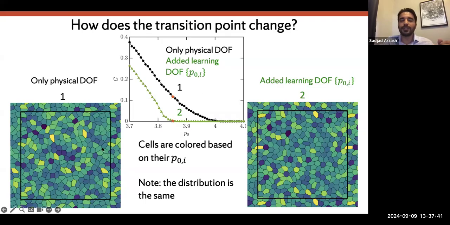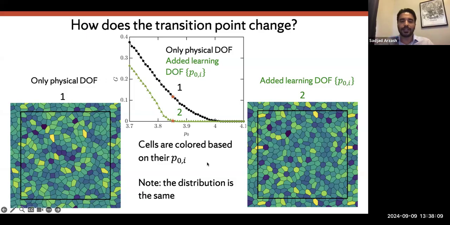These 2 snapshots of the tissues, the one on the left is the usual scenario. The one on the right is after adding these shape factors as new degrees of freedom. And they're colored with their shape factors. So although the distribution is spatially different, they're basically the same exact Gaussian distribution here.